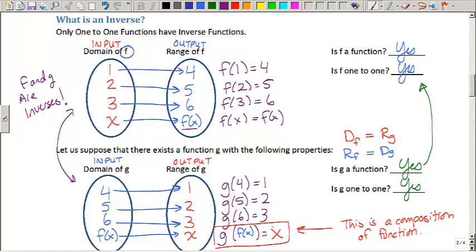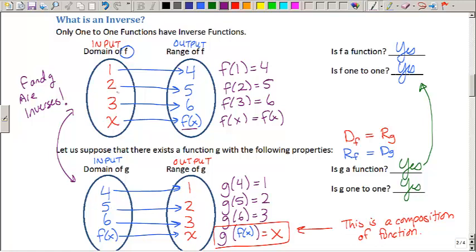Meaning, if I plug in 1 into f, I get out 4. But then if I take that answer and plug it right back into g, I should be getting out 1, or itself. When I plug in 2 to f, I get out 5. Take that answer, plug it into g. When I plug in 5 to g, I'm getting out 2. I'm getting out itself.